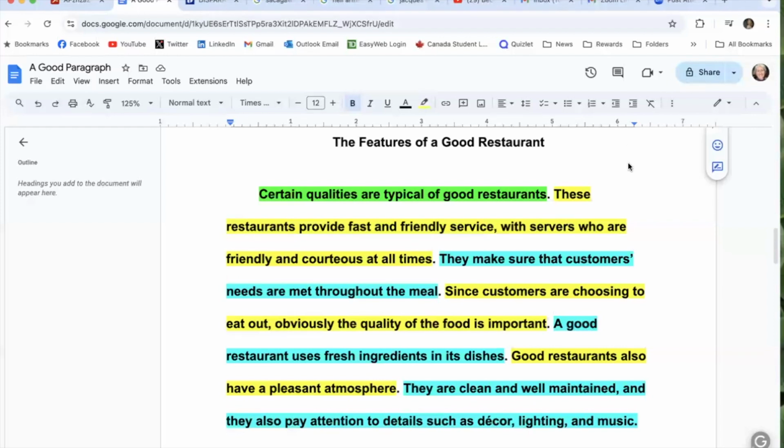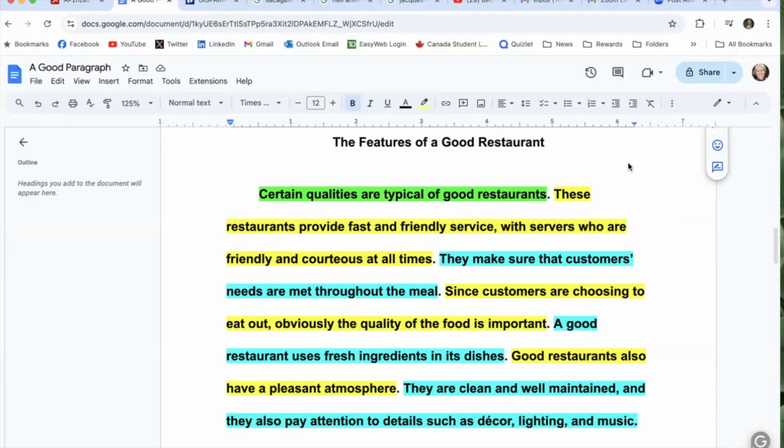The features of a good restaurant. Good. And we all love going to good restaurants, right? Okay, what I've done here is I used the same highlight colors as in the example before. We have green, yellow, and blue.